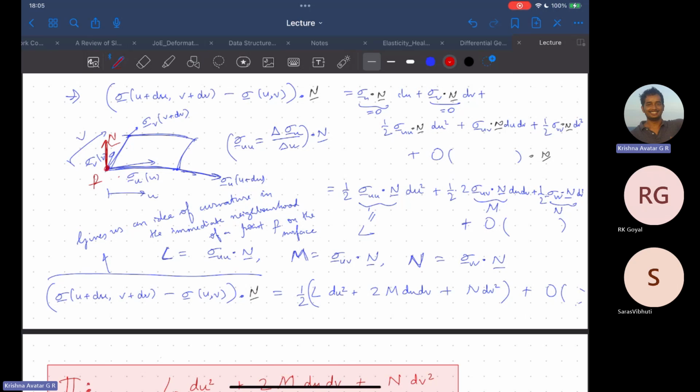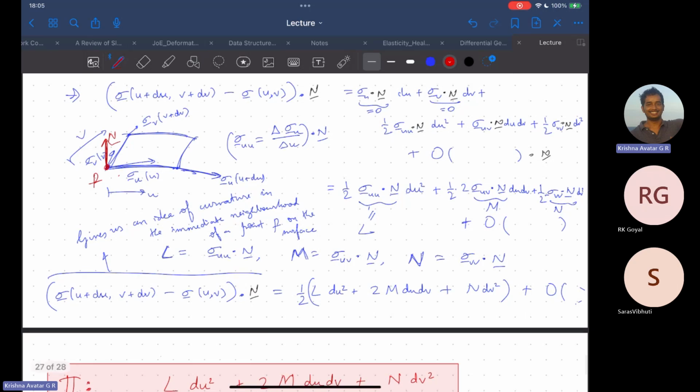So sigma uu dot n vector gives us turning along the u direction, and sigma vv dot n gives us the turning along this direction. In general you'll also have cross coupling between them through sigma uv.